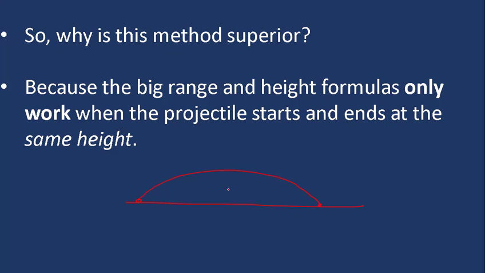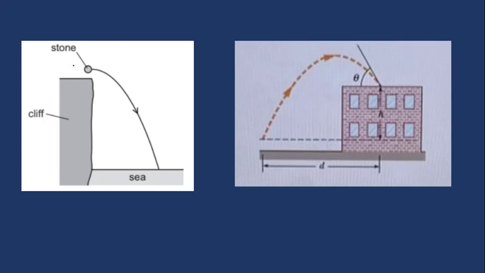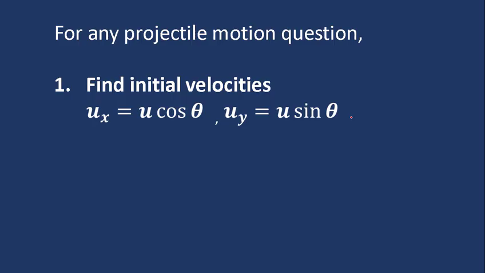For motions where the projectile path is not complete like this, for example, a stone thrown from a height into the sea or an object thrown to a height like this, these big range and height formulas don't work. What works is the method that I have shown.